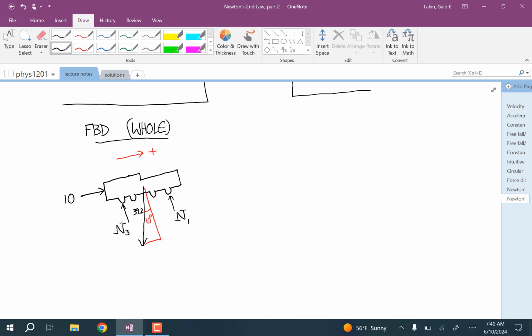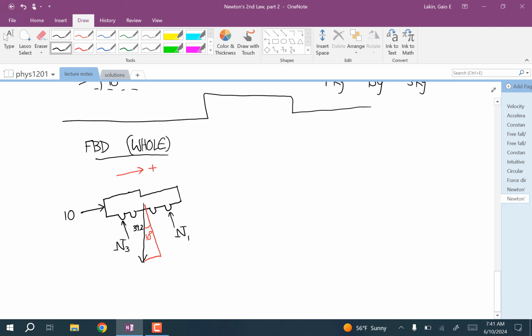So when we go to Newton's second law, we have a 10 that's in the direction of the positive. And we have the negative because of the greater than 90 degree angle, 39.2 times the sine of 10 degrees.